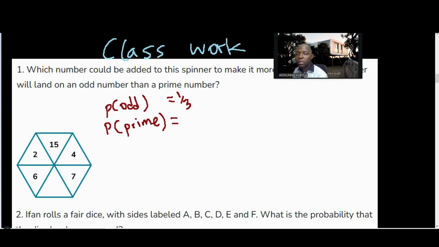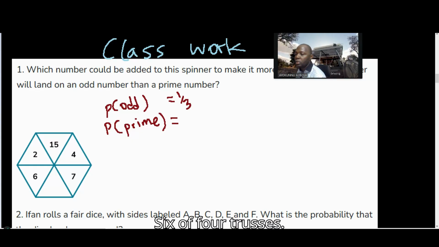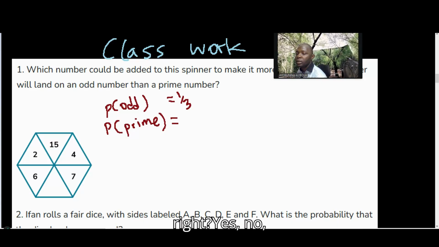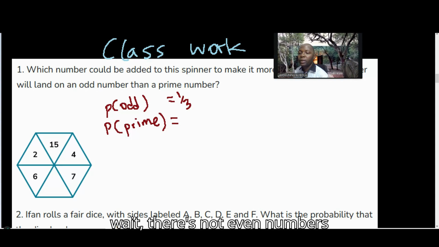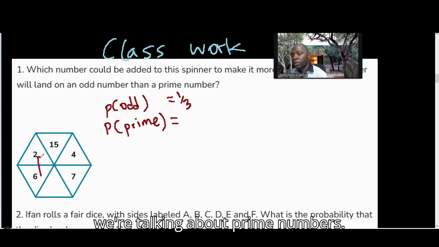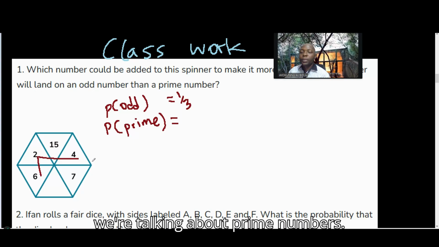6 and 4. 2 over 6. Okay, 6 and 4 are the prime numbers, right? No way. Those are even numbers. So we're talking about prime numbers.